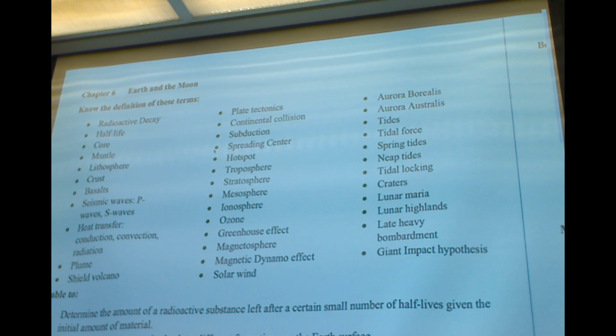So if I had 16 kilograms of radioactive carbon-14, and the half-life is like 6,000 years, how many years will it take before I have only 4 kilograms of carbon-14, and 12 kilograms of nitrogen-14?